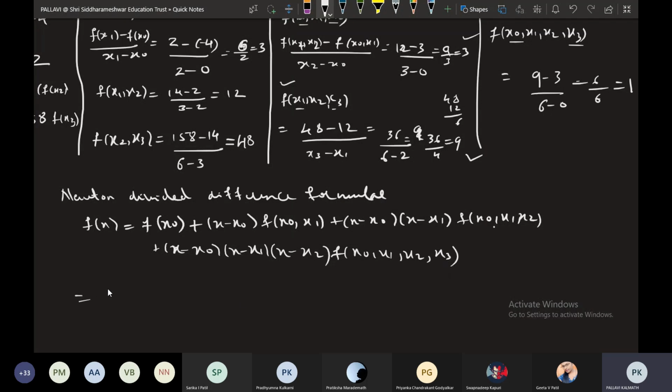Okay, so can anybody tell what is f of x naught? It is -4. f of x equals minus 4 plus, what value should we take for x? At what point is the question asked? x equal to 4, f of 4. So you consider x as 4. 4 minus x naught, which is 0. What is the first difference? 3.